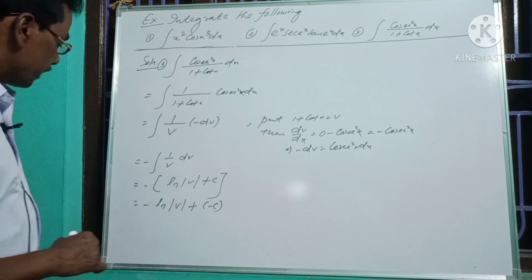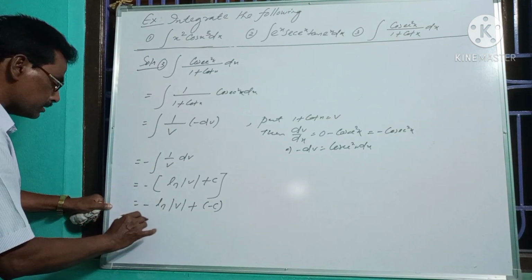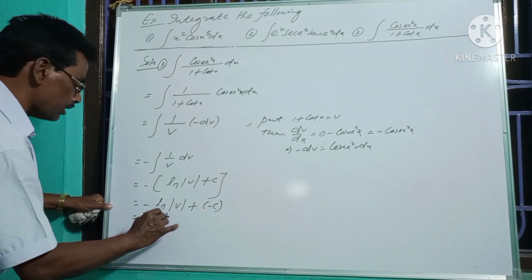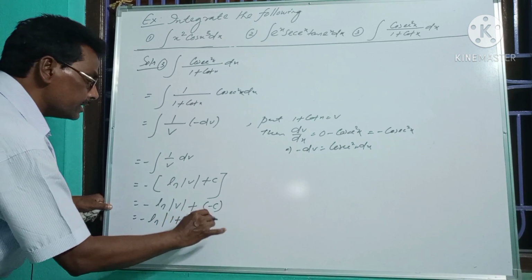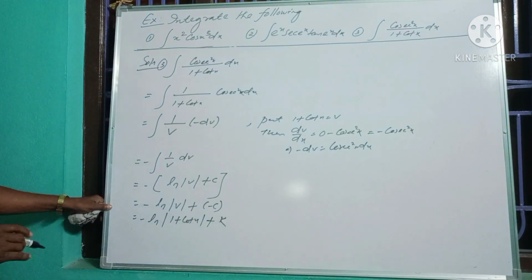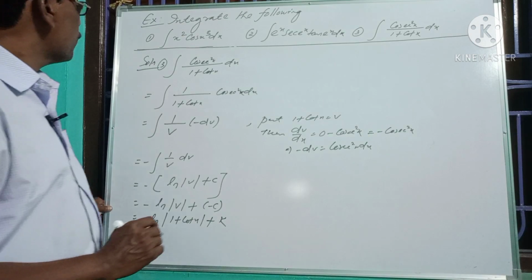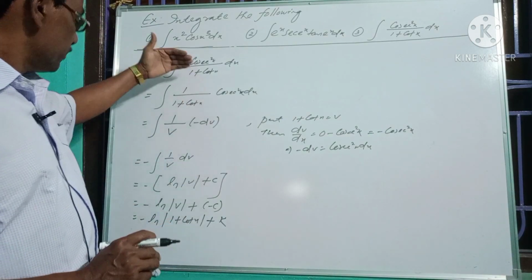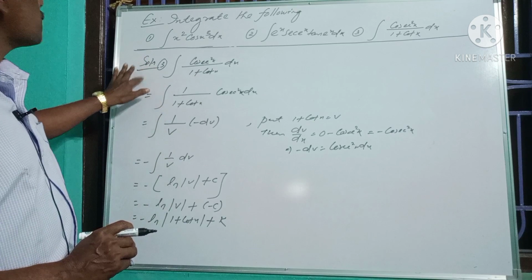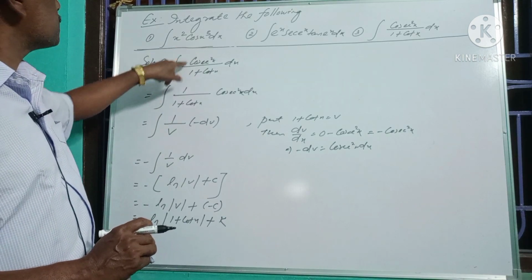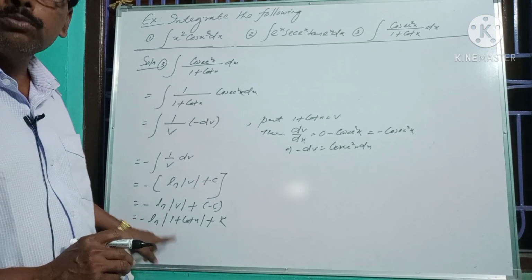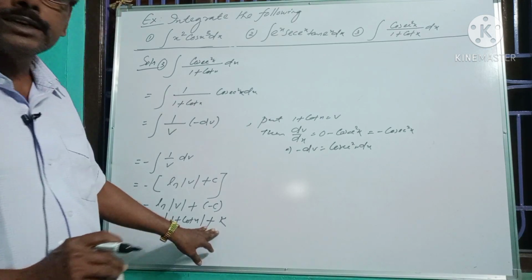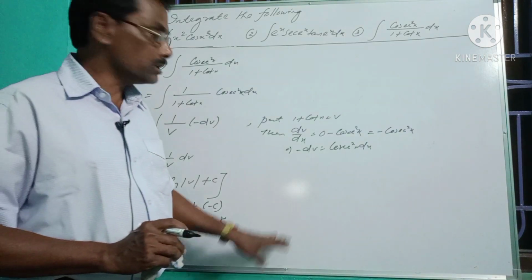So finally we can write minus of ln of, in place of v we have 1 plus cot x, mod, plus k in place of minus c, where k is the constant of integration. So now we are able to integrate the third problem, that is integration of cos square x by 1 plus cot x dx is equal to minus of ln of mod of 1 plus cot x plus k, where k is the constant of integration. So the integration is over now.